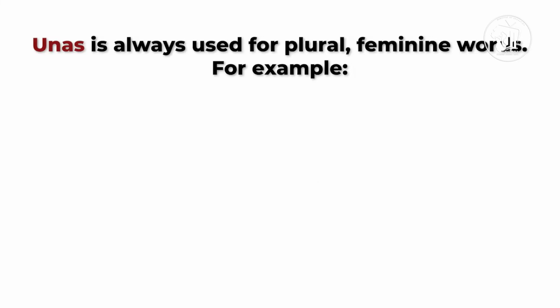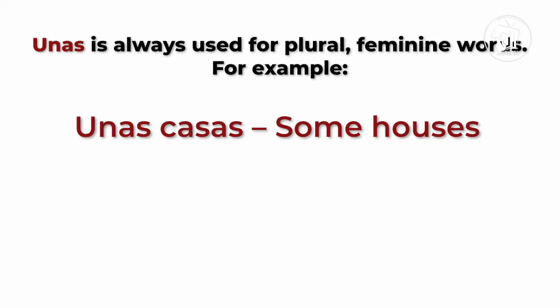Let's take a look at unas. Unas is always used for plural feminine words. For example, unas casas, some houses. Remember the example, una casa, which means a house? That was a singular feminine word. In this instance, we are saying some houses, so it's plural.